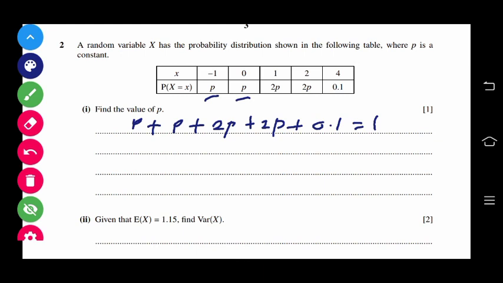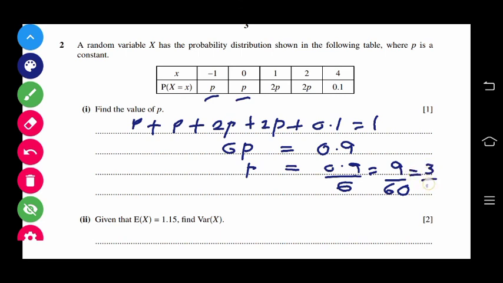So we get 6p is equal to 1 minus 0.1, which is 0.9, or p is equal to 0.9 divided by 6, which is nothing but 9 by 60, or that's equal to 3 by 20.